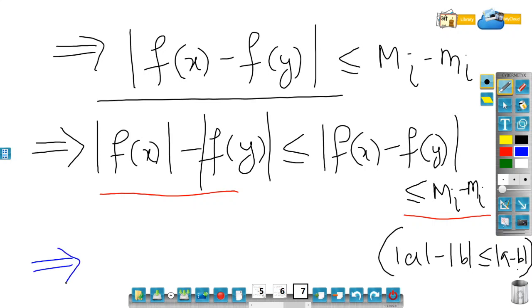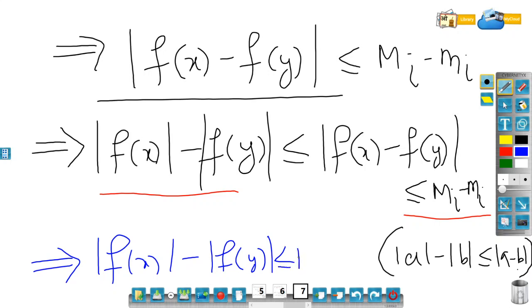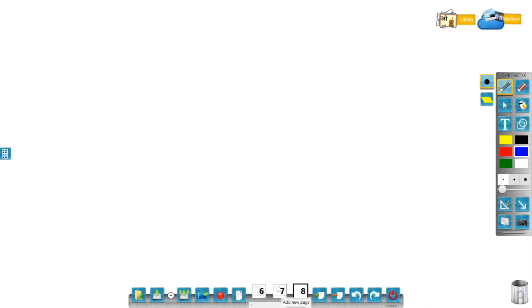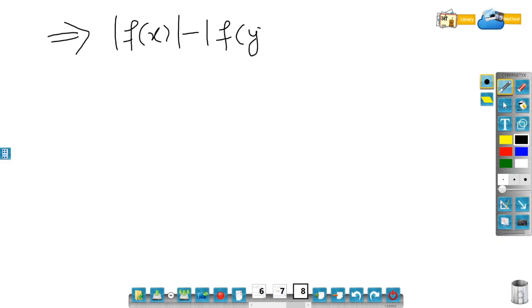This would imply modulus of f of x minus modulus of f of y is less than or equal to capital Mi minus small mi. Maybe I will repeat this in the next slide also.